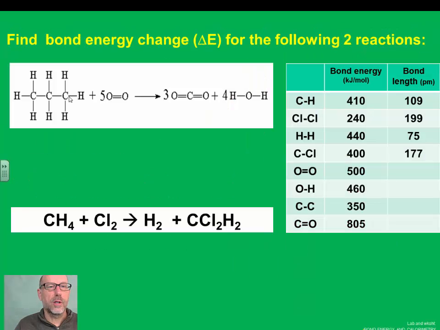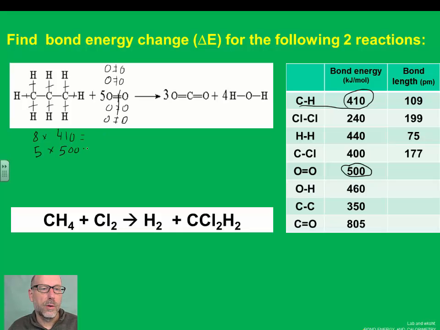We have a molecule on the left which is called propane, and that's going to react with 5 oxygen molecules to make 3 CO2s plus 4 water molecules. So we will be breaking 1, 2, 3, 4, 5, 6, 7, 8 C-H bonds, so that's 8 times C-H bonds worth 410, and we'll be breaking 5 times 500, and we'll add that up.